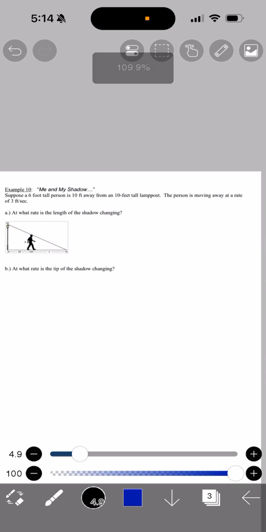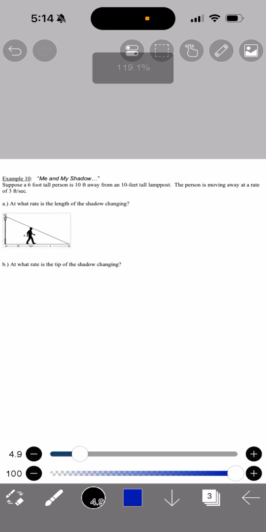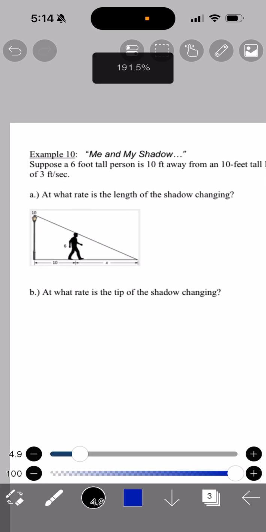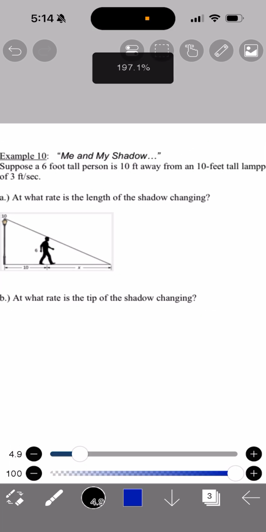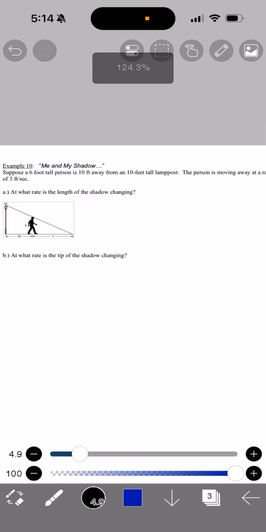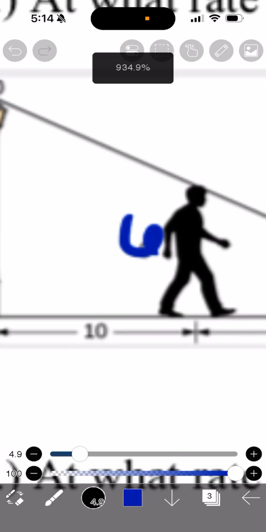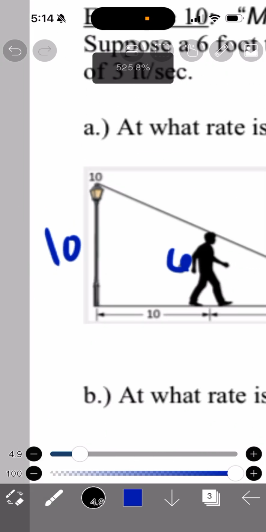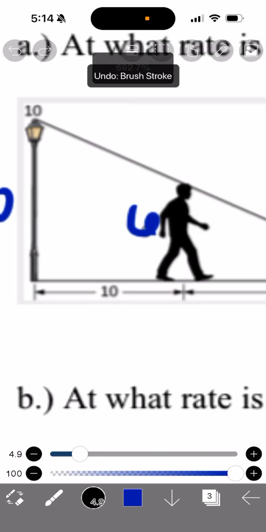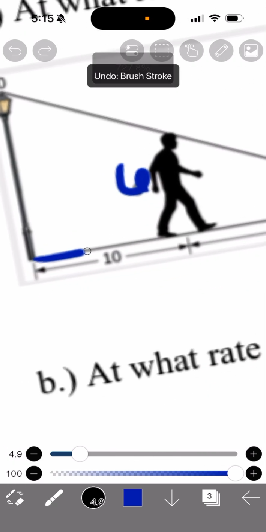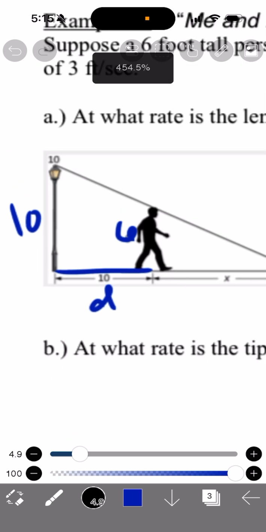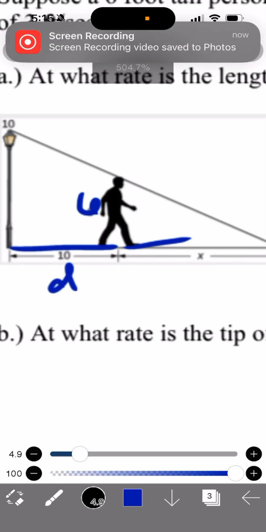Both of these are problems from the notes. Okay, suppose a 6 feet tall person is 10 feet away from a 10-foot tall lamppost. So we know that this is 6, this is 10, and this is also 10 here, but we're going to call this D instead because this value is changing.